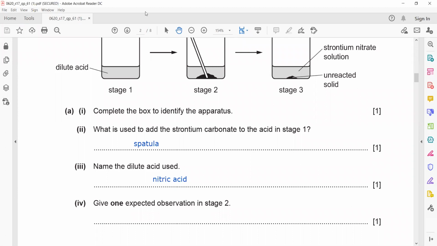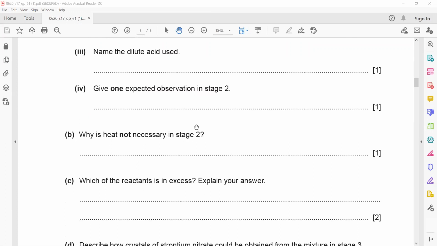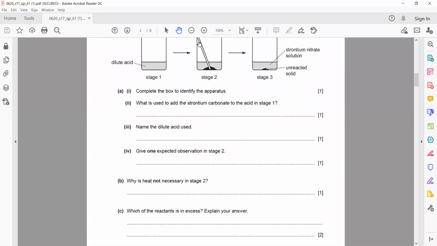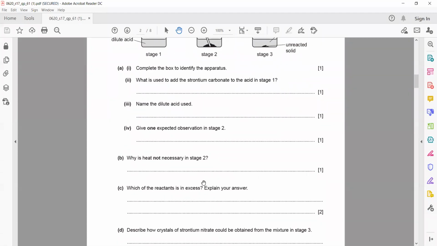Why is heat not necessary in stage 2? Why don't we have to supply heat energy in stage 2, just only stir? Normally heat is supplied for reactions in which the reaction does not happen or is very slow at room temperature. So why are we not heating this?